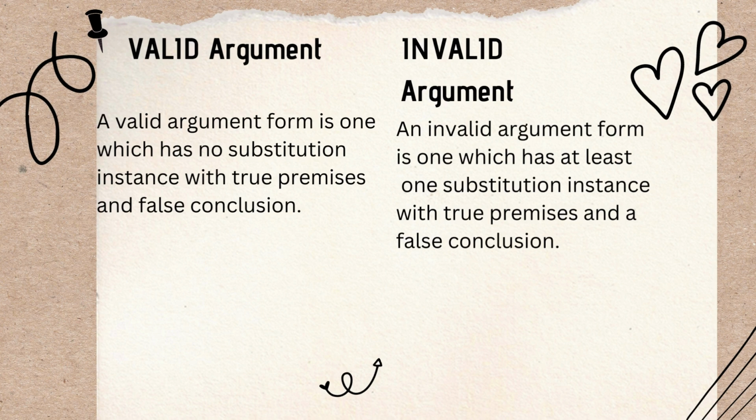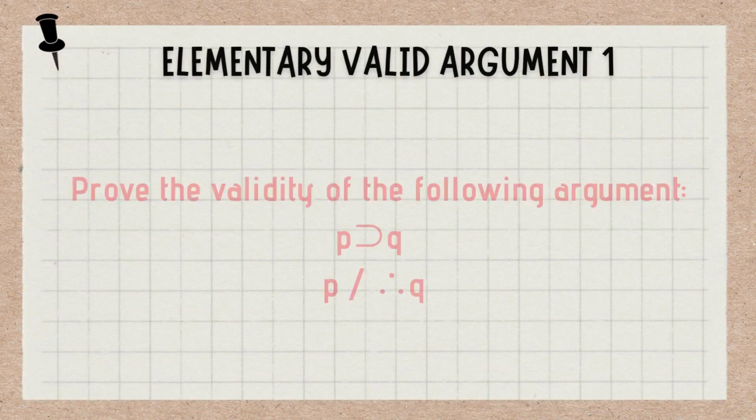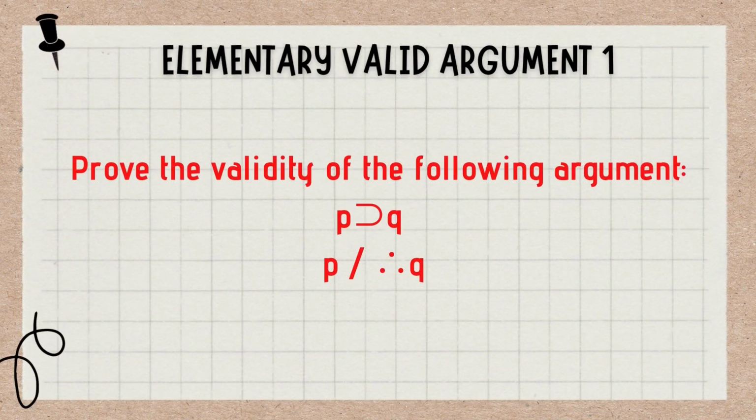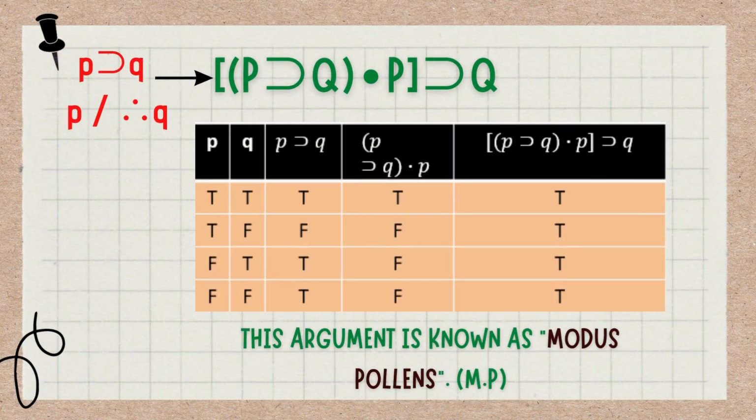We will see each rule of inference with theorems to prove it is a valid argument. The first one: the first premise is P implies Q, the second premise is P, and the conclusion is Q. To prove it, we conjoin the first two premises and imply the conclusion.